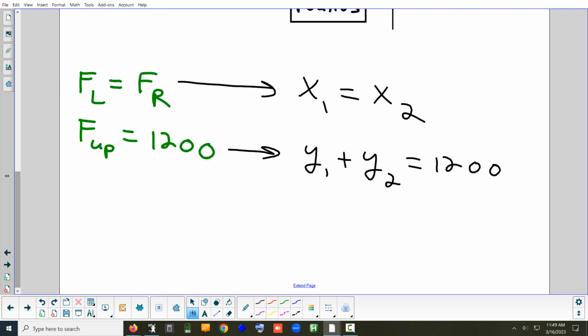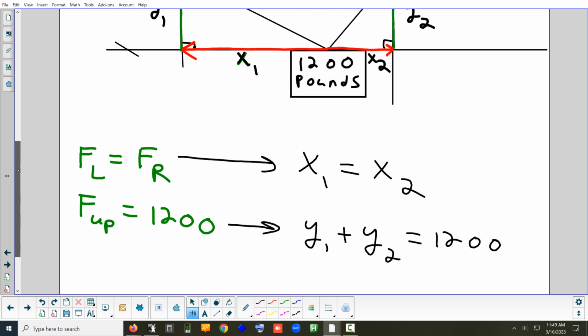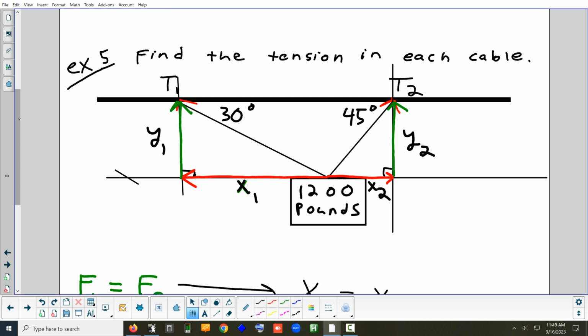Okay, so that's kind of the second stage of our equations, taking them more from just a concept to now actual labels in our diagram. Any question on that? Now, the third step is to actually get all these in terms of angles and sines and cosines. So what we're going to do now is figure out 4 things, X1, Y1, X2, Y2, all in terms of sines and cosines.